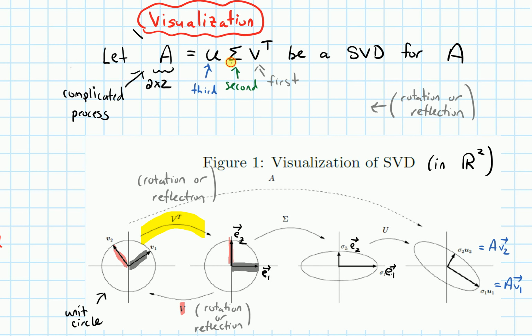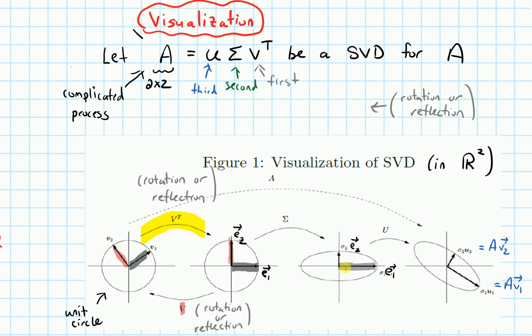Then we're ready for what sigma is going to do. Sigma is going to scale these vectors in the unit circle. It's going to take E1 and scale it by some amount, and we'll end up getting sigma 1 times E1. Remember, the matrix sigma consists of those singular values, sigma 1 and sigma 2.